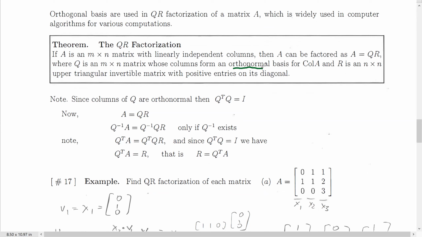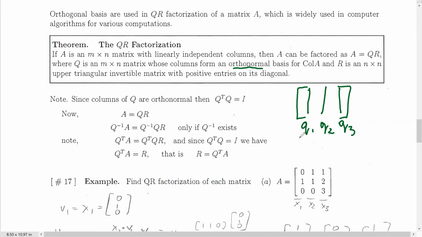Right here is my matrix Q. Let's call this column Q1, this is my column Q2, and this is my column Q3. These are orthogonal and their length is 1.